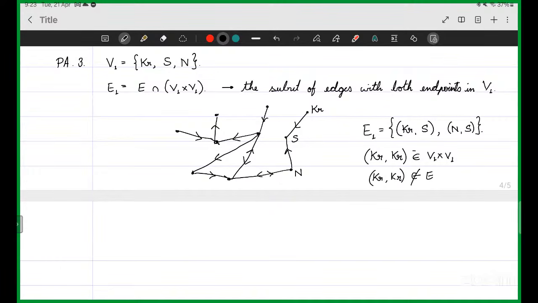In general, we don't consider graphs with loops, so such elements will never be there in the edge set. But for a more non-trivial one, look at the element KRN. Sorry, this is not there in E, but this is there in V1 cross V1.